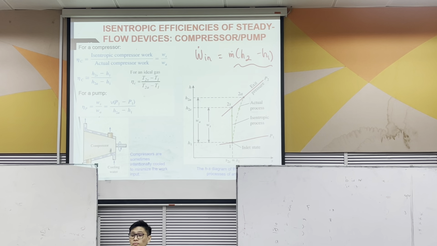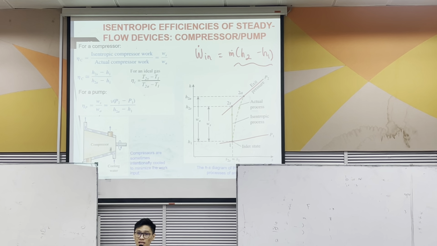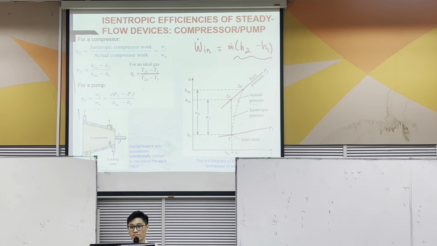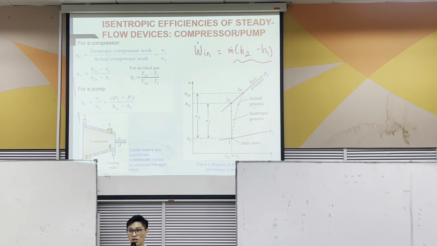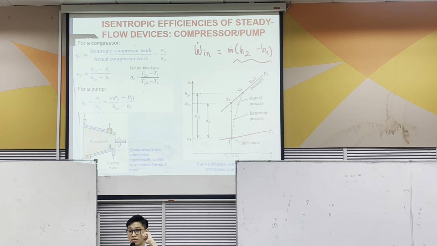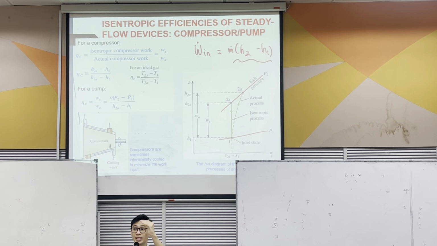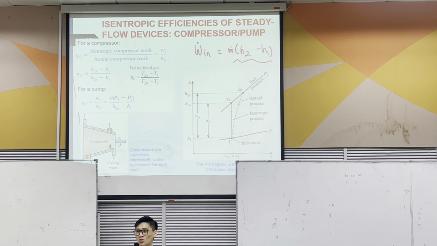So meaning now, we want your compressor to do the same thing. If you want to compress 100 kilopascal to 1 megapascal, whether it's actual or isentropic, we are still doing the same pressure change. So obviously, the actual one, you will need more effort to do the same thing, due to irreversibilities.